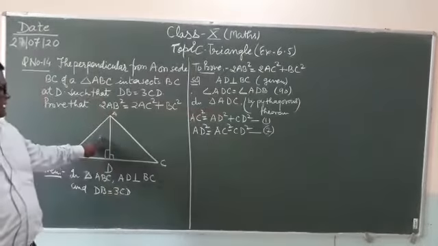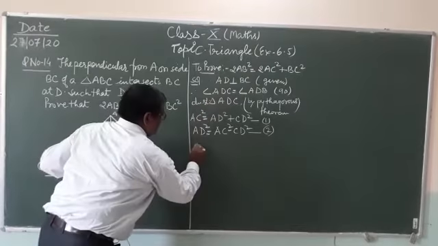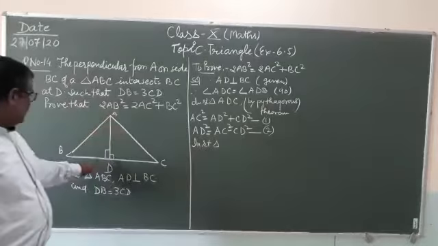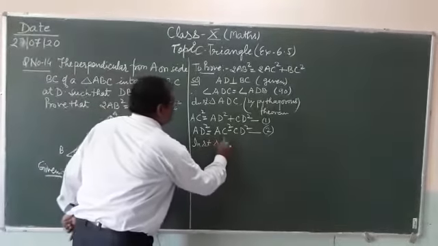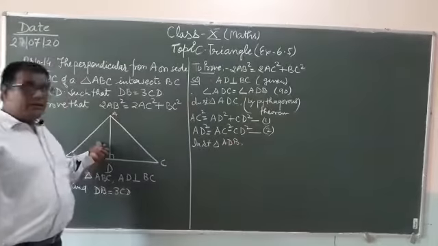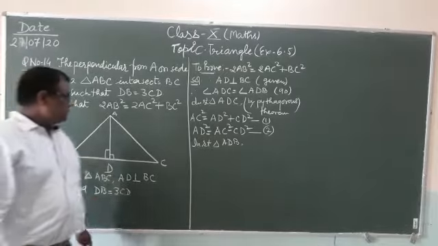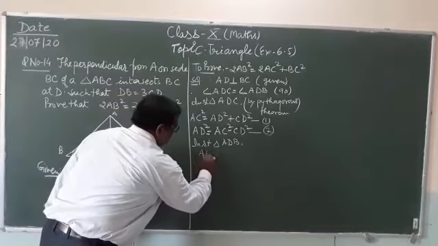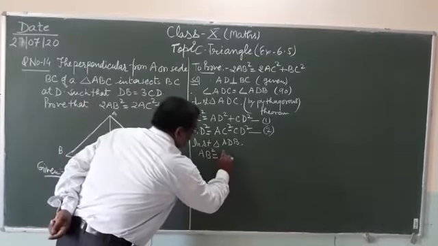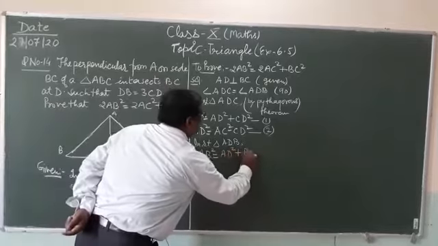Now again we take the right triangle ADB. This is also a right triangle, so we use the Pythagoras formula. AB square is equal to AD square plus BD square.